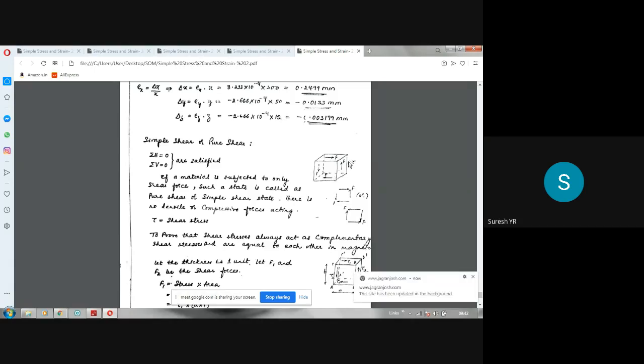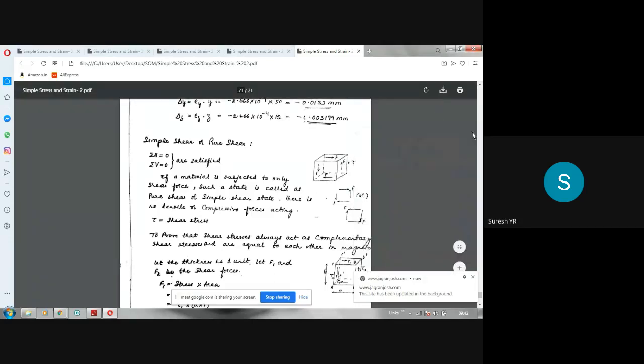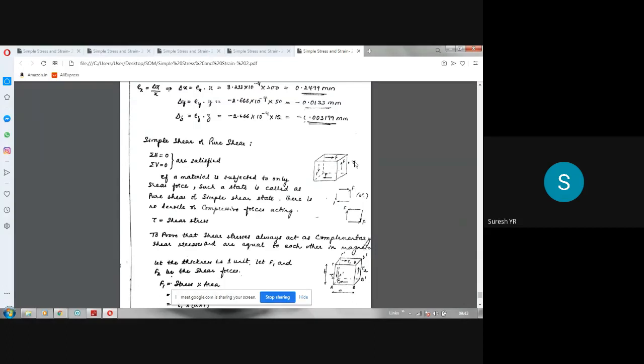Due to the shear force F, there develops a shear stress. What is that shear stress? Tau. I have written here tau. Tau is defined as the shear stress, which is the shear force divided by the area over which it is acting.